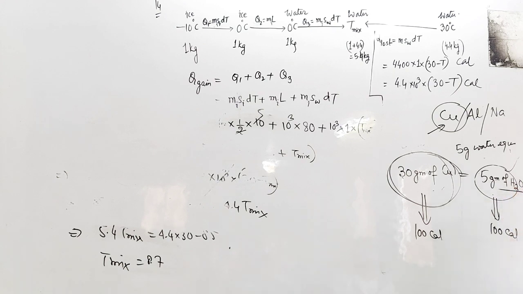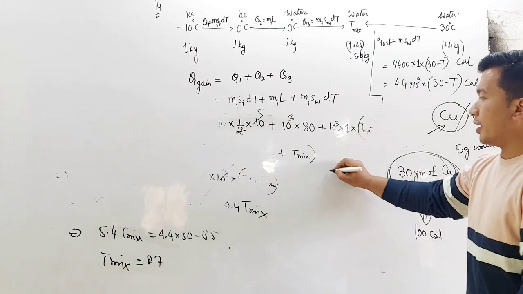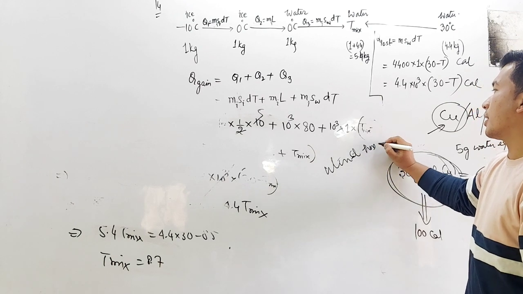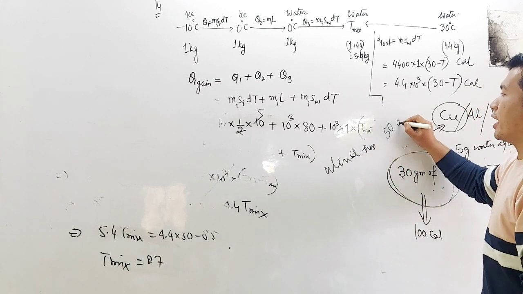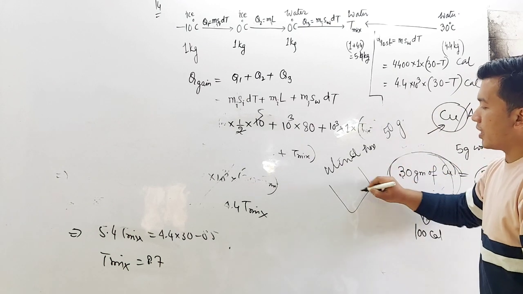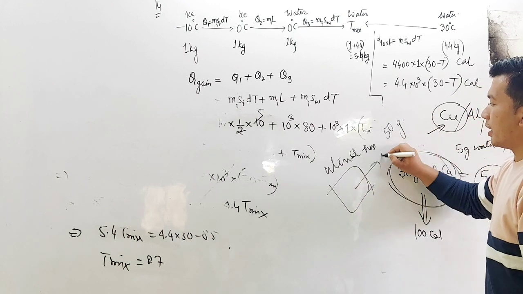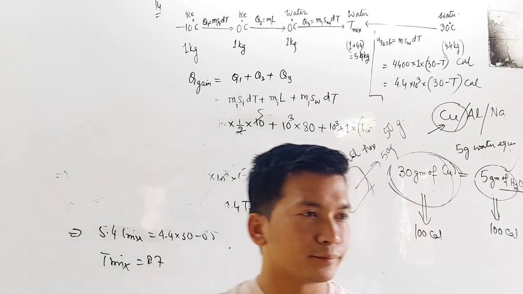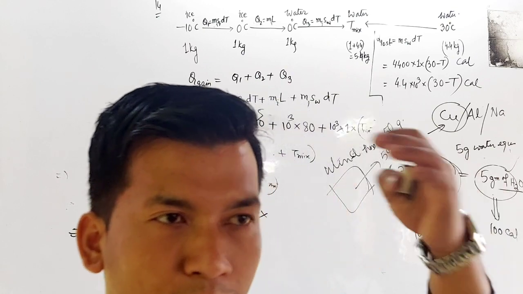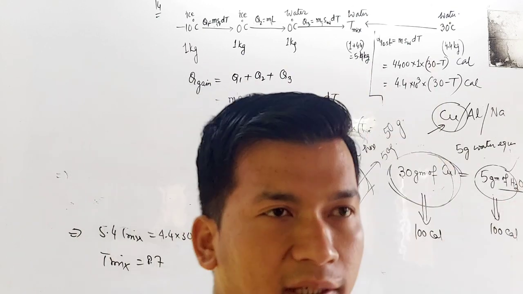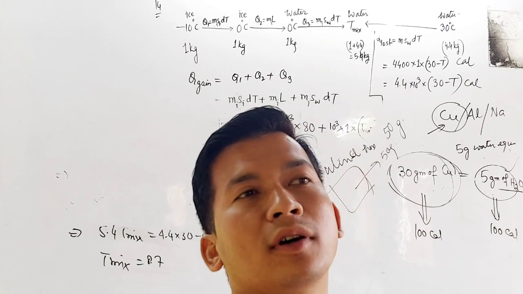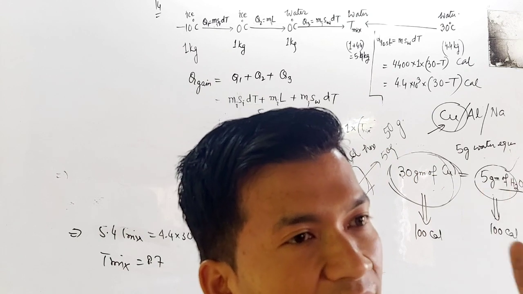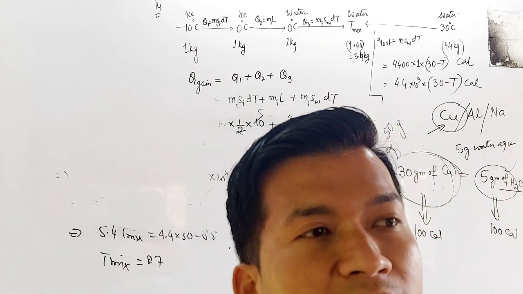The water equivalent: suppose an utensil has a water equivalent of 50 gram, then that utensil must be considered as 50 gram of water. Very simple logic. Forget about the definition, forget about everything, you just take 50 gram. That given object will have the same heat as that of 50 gram of water.